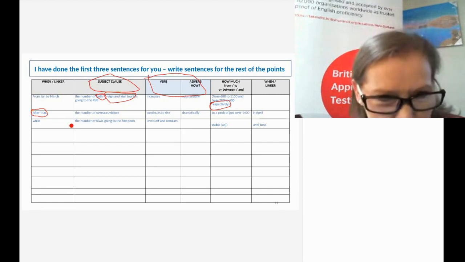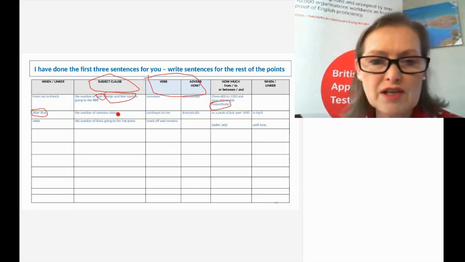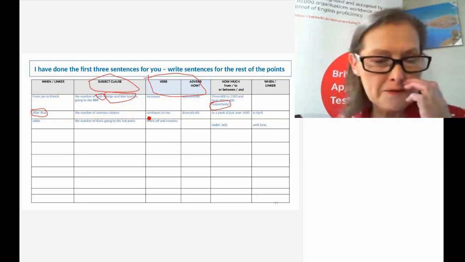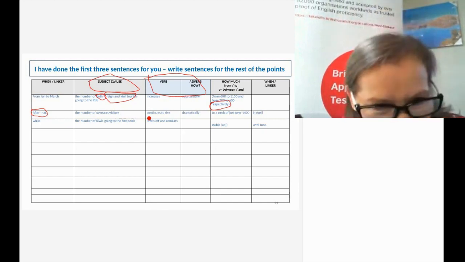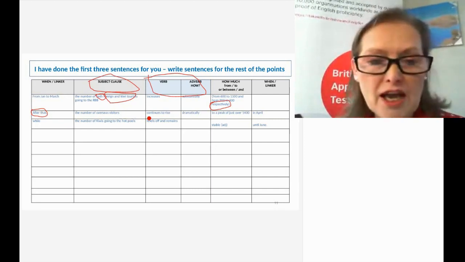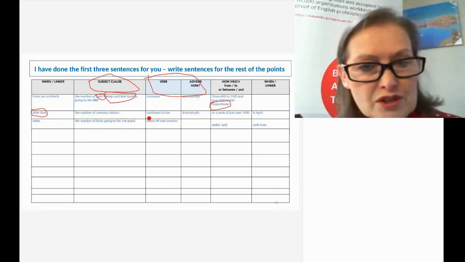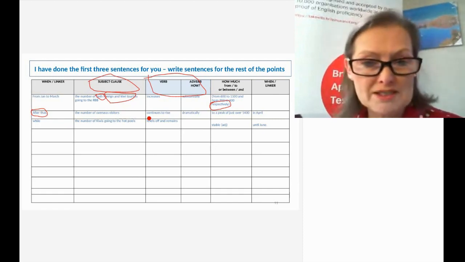I then describe the number of overseas visitors and have a look at how I've used here continues to rise. So here I've actually used my verb pattern. I could say the number of overseas visitors rises, but I could actually show the examiner that I could use this grammar structure, continues to rise, verb plus infinitive pattern.